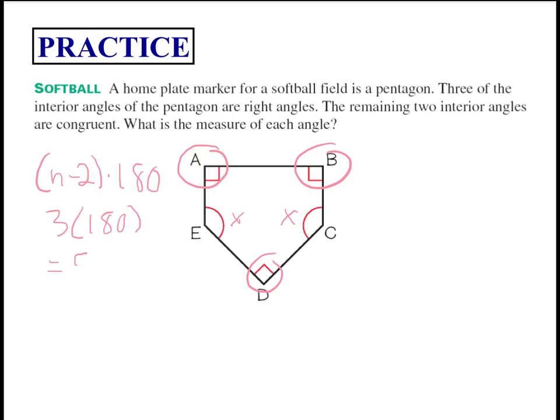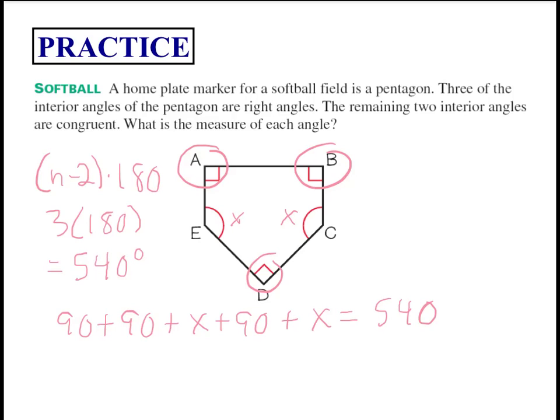So all these angles inside of here have to add up to 540 degrees. So let's write our equation. We know angle A is 90, angle B is 90, angle C is x, angle D is 90, and angle E is x. And all of these have to add up to 540. So we add up the 3 90s, and we have 270 plus 2x equals 540.